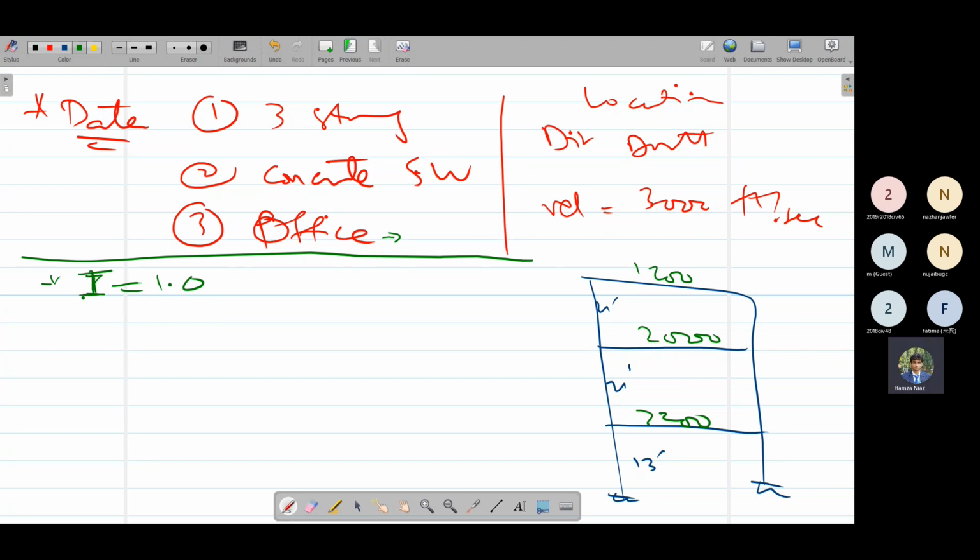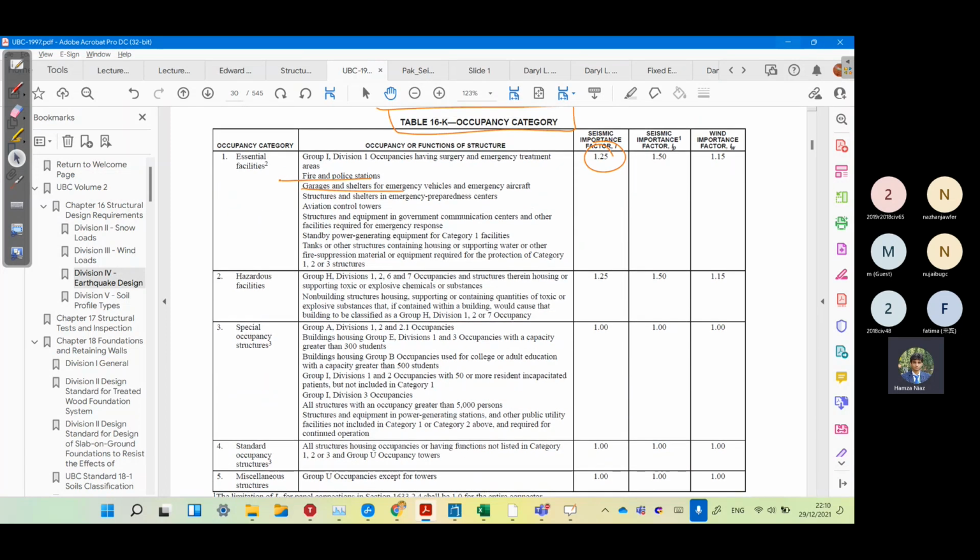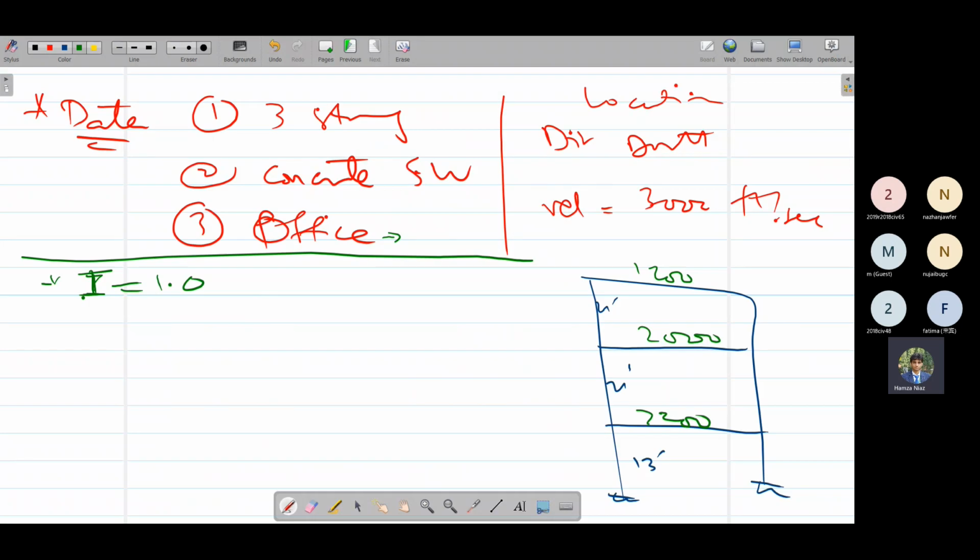For example, if it was a hospital, some emergency building or maybe a military building, its importance would have been 1.25. Fire and police stations, garages for emergency vehicles, and so on. Only in those cases would our importance be 1.25. Otherwise all our buildings have an importance of 1.0. So first we have to determine the importance.